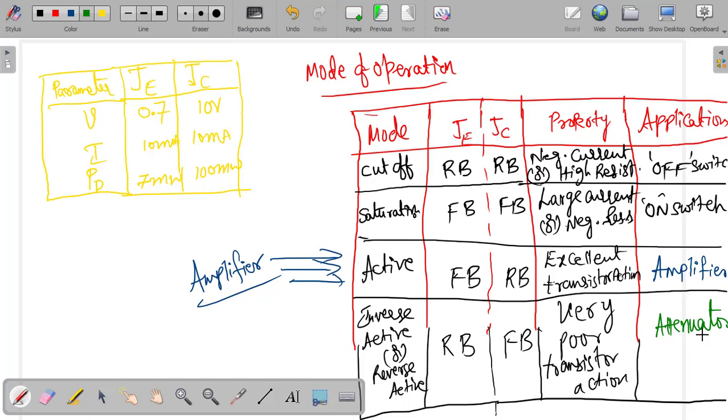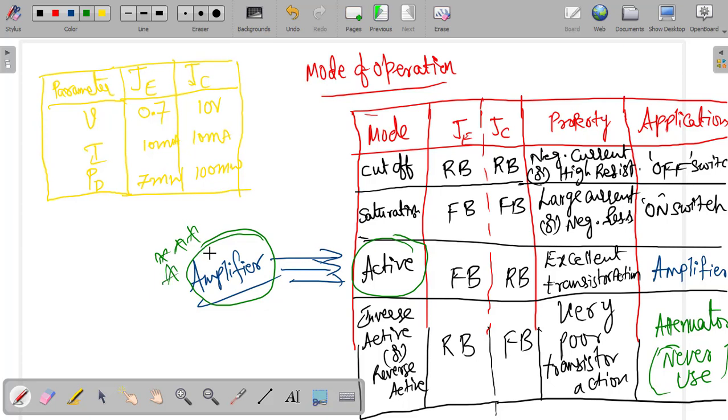Here the amplitude will be reduced. So this is an application which we never use. We want to increase, not reduce, any quantity, right? So the attenuator is an application which is very rarely used, and the most important application of your BJT is the amplifier.